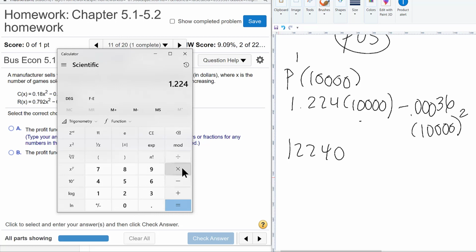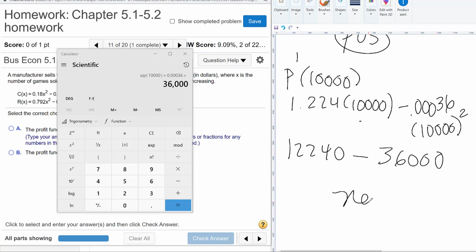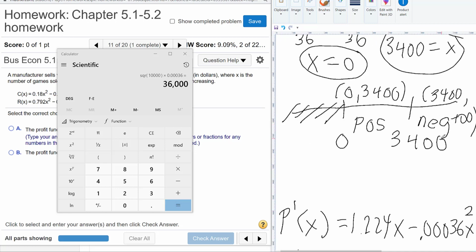Now over here I have to do the square first, so I've got to do 10,000 squared. That's pretty big. That's 100 million times 0.00036, and that gives me 36,000. And that's going to be a negative overall. So our change in the profit is negative in the region from 3,400 to plus infinity.